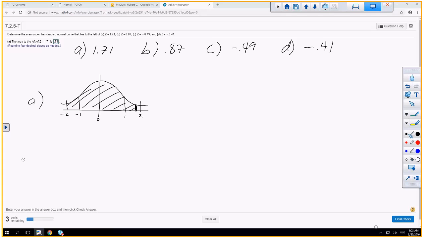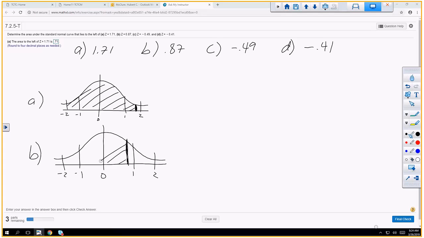B is 0.87. 0.87 be right in here. And before we answer these, we're going to go through and guesstimate.